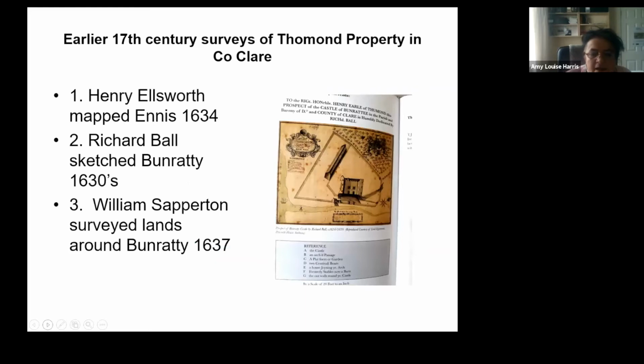The Thomond family have had a history of doing surveys. They did a number in the 17th century, all in the 1630s, as you can see here. And after that, there doesn't seem to have been any. So around 1680, 81, it was decided that 2 surveys were going to be done.